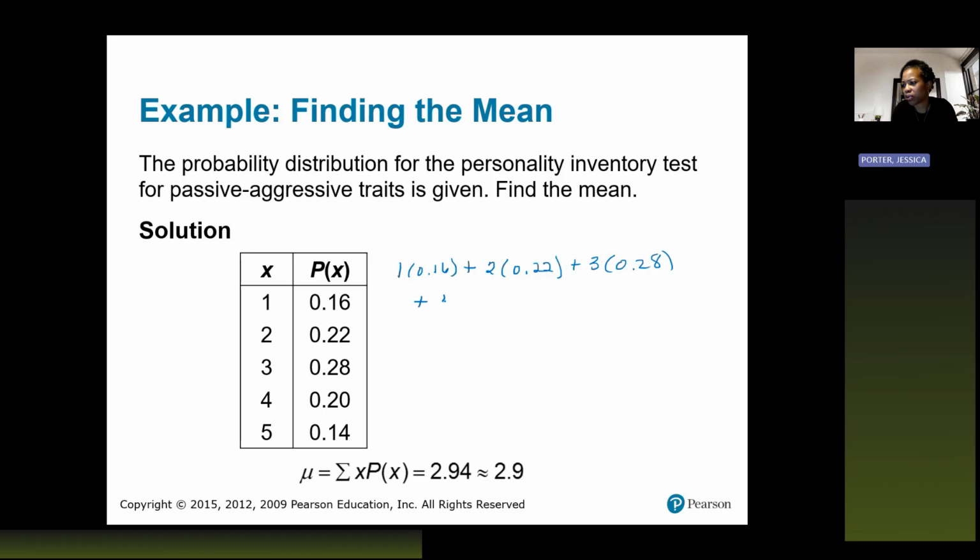Come down here, plus 4 times 0.20 plus 5 times 0.14. And you'll add those all together, and that gives you the 2.94. Okay.